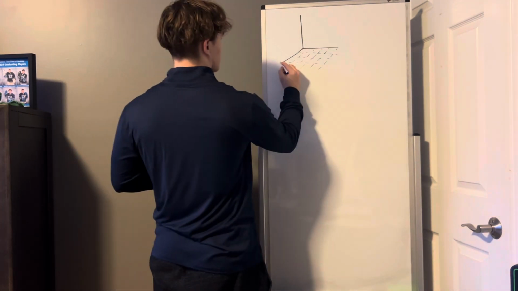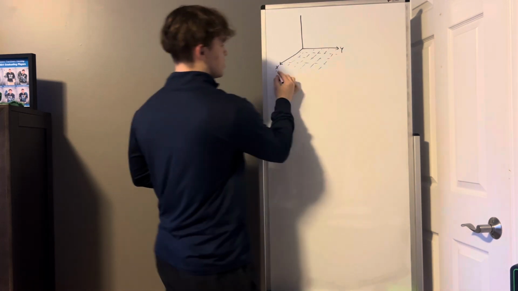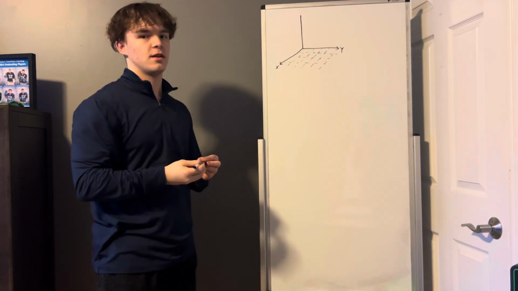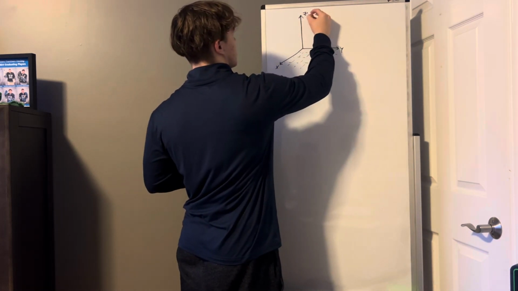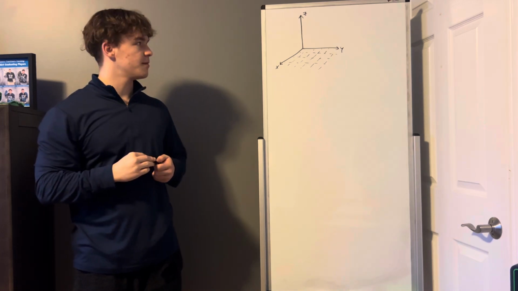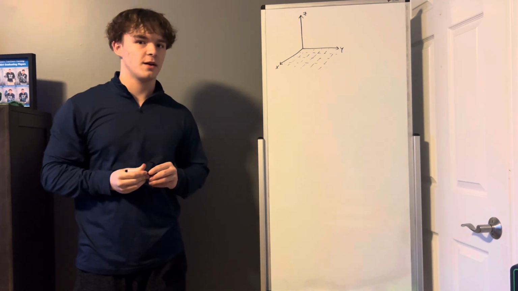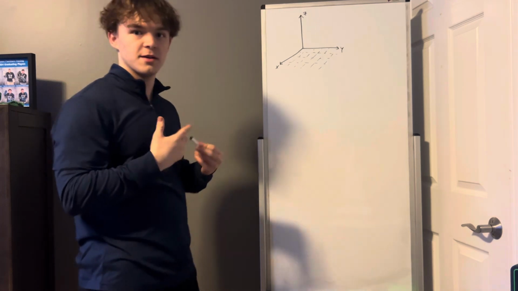And so to make this more clear, this is x, that's y. But now we have this thing sticking out here. This is z, or zed, depending where you're from. I'm supposed to say zed, but I prefer z.